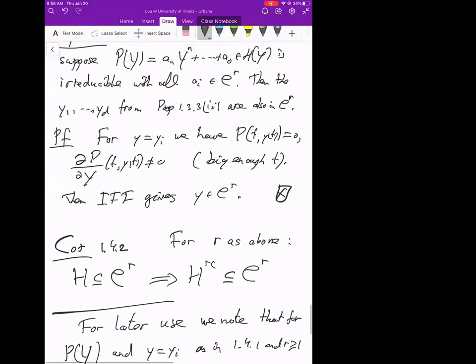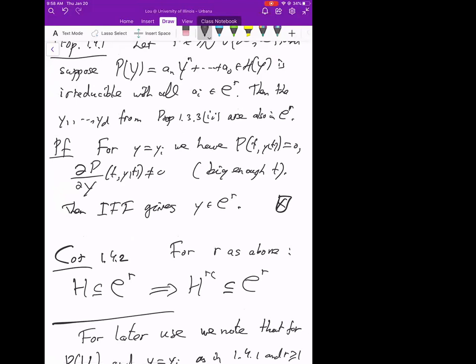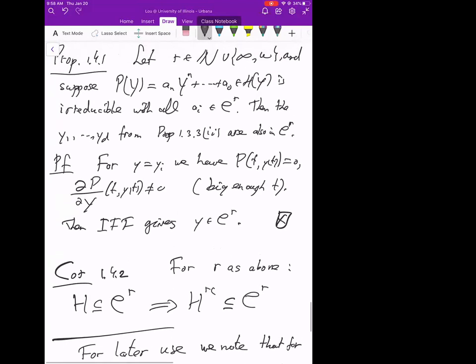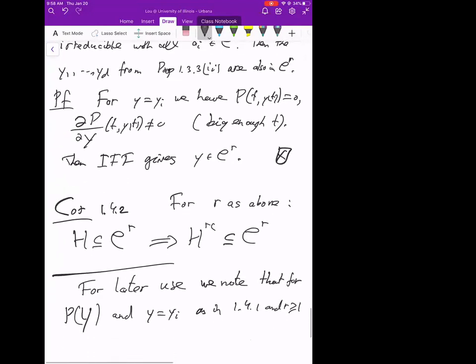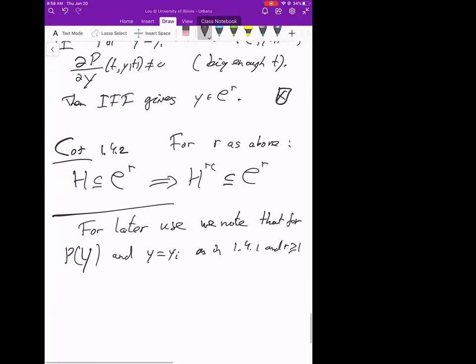Oh yeah, I said use the implicit function theorem. Of course, this only really makes sense if r is greater than or equal to 1, but for r equals 0, we already know this, right? So this proposition was right. And for r greater than or equal to 1, we have an explicit formula for y prime as follows.